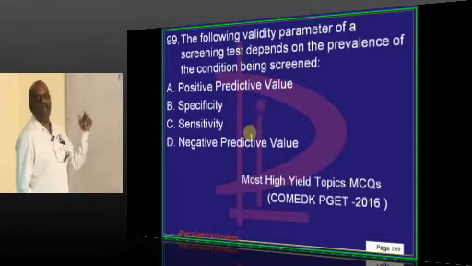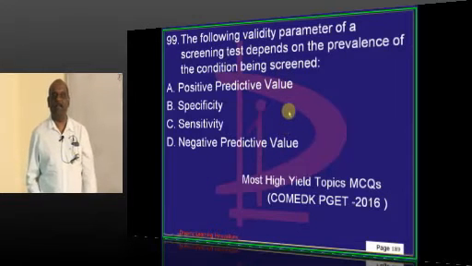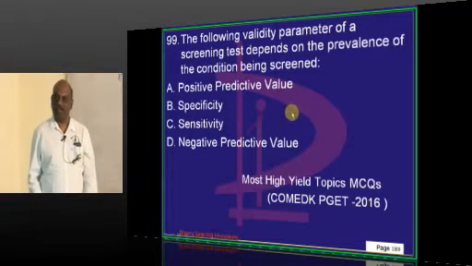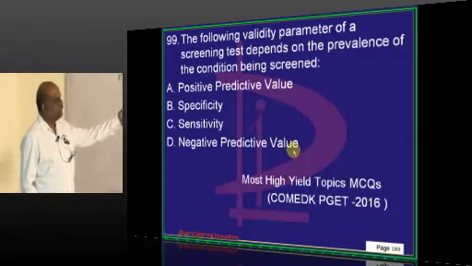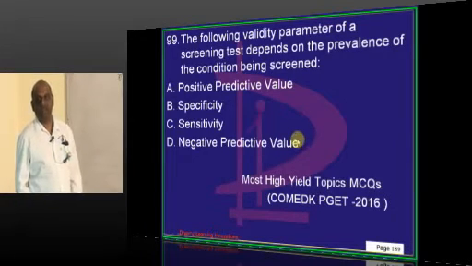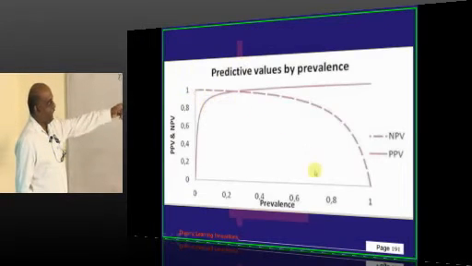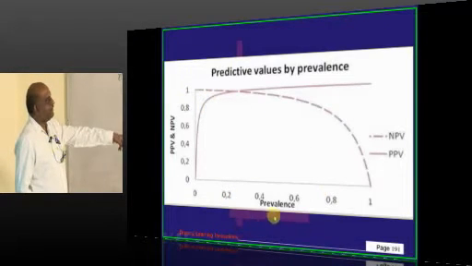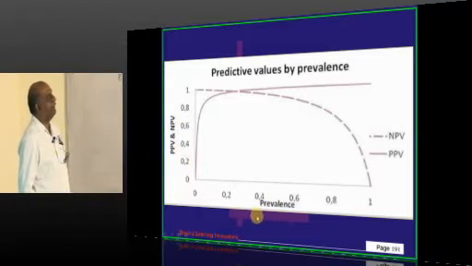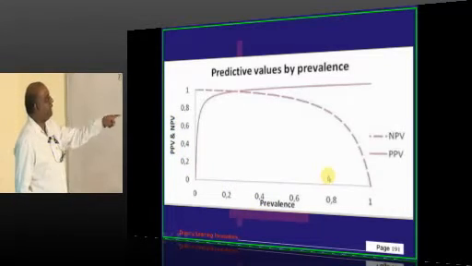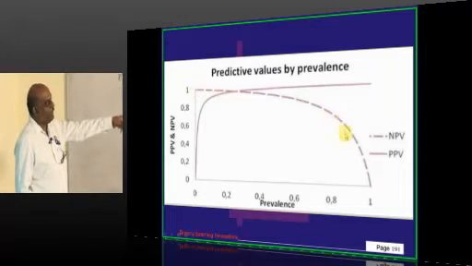Which depends on prevalence? Actually both positive and negative predictive values are dependent on prevalence. Answer can be A and also even D. So, in the big exam also small mistakes can happen. If you look at the formula, predictive value versus prevalence, if you take the PPV and NPV versus prevalence, if prevalence increases, what happens to NPV, negative predictive value?